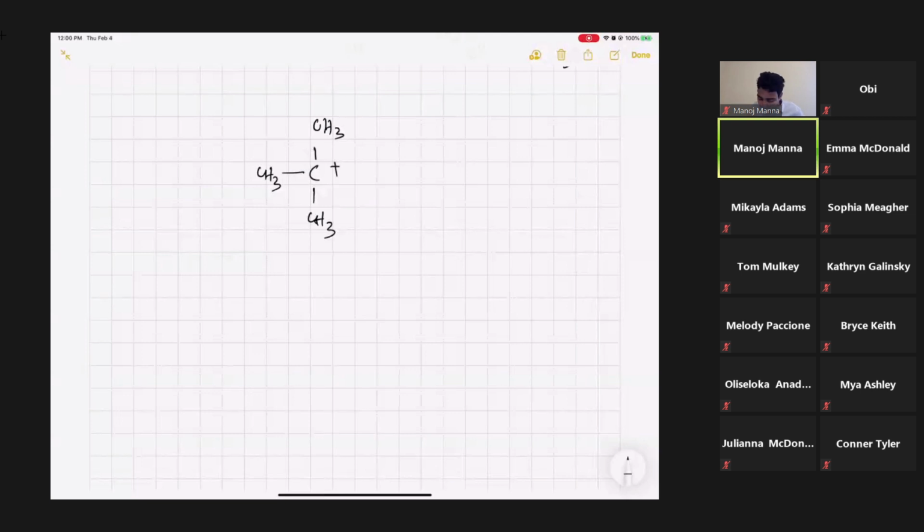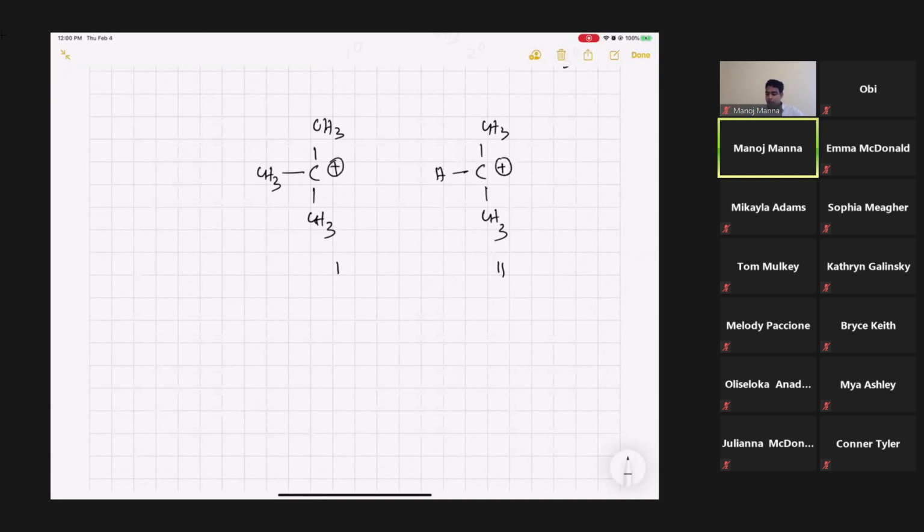If I compare this one with carbon CH3, hydrogen, hydrogen plus, between the two, which one is more stable? That's the idea we have to understand. Based on whatever I discussed, the concepts of electronegativity, electron withdrawing group, and electron donating group, we can explain which one is more stable or less stable.